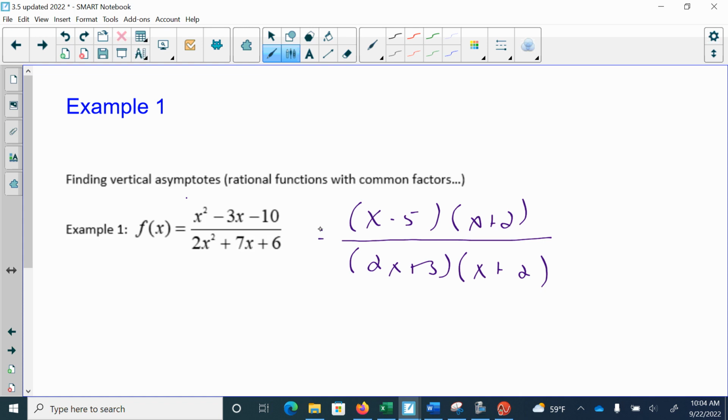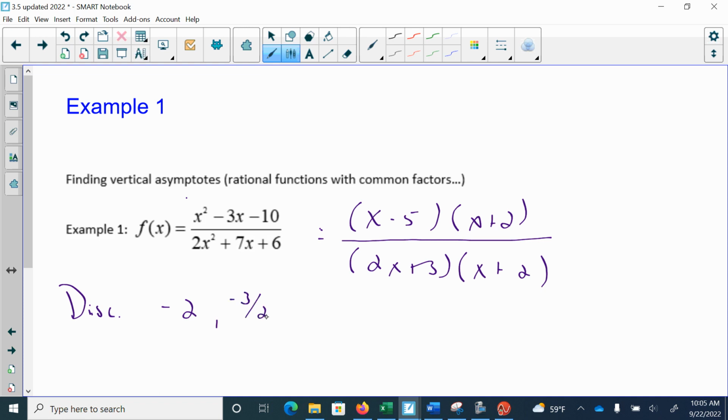Just to review from when we did rational expressions, this function is discontinuous where, Christian? Where else is it discontinuous? That would be a 0. Negative 3.